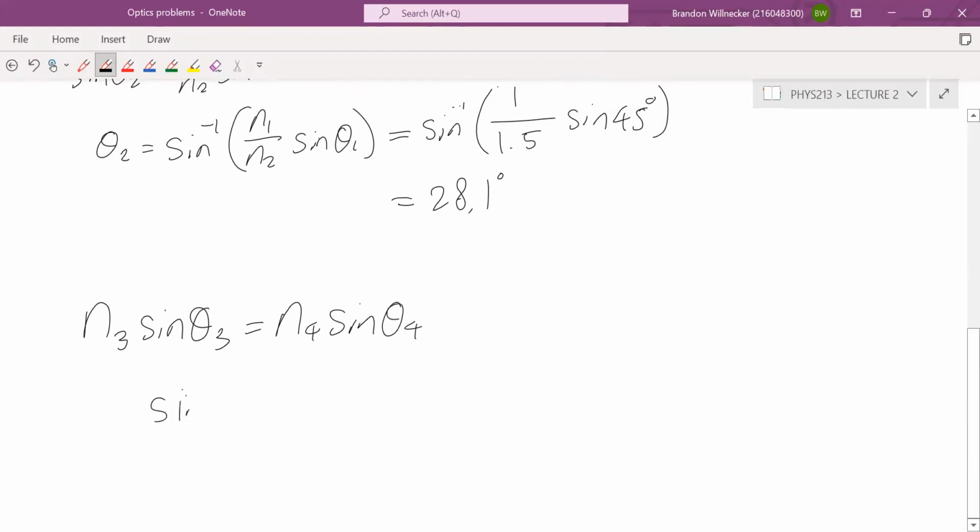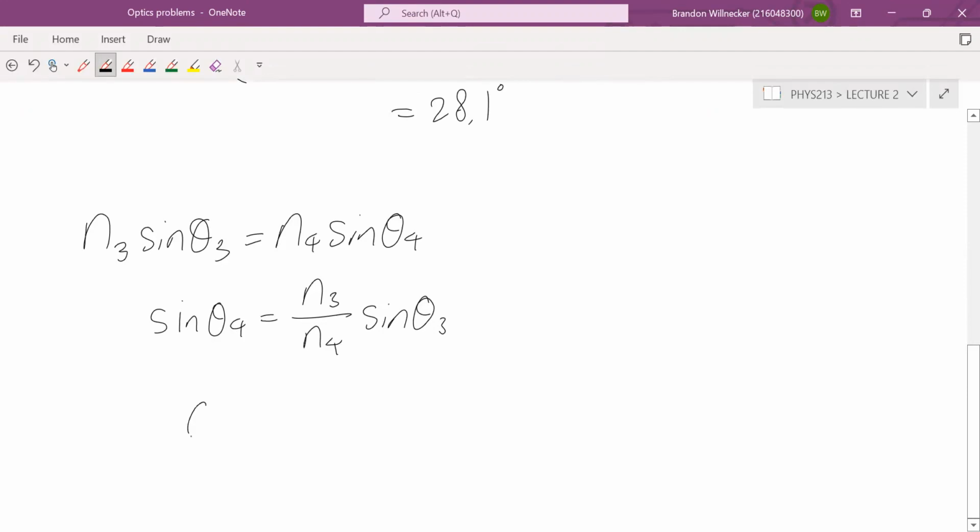So sine theta 4 is going to be N3 over N4 sine theta 3. So theta 4 is going to be the arcsine, or sine inverse, of N3 over N4 sine theta 3.